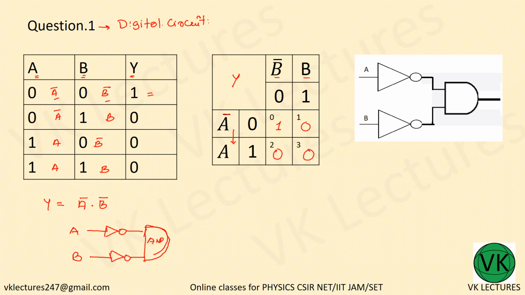So after moving through the AND gate, here you have A bar, here you have B bar, so A bar dot B bar.